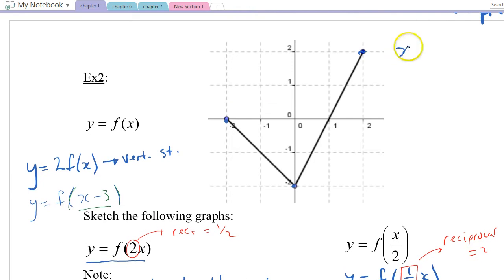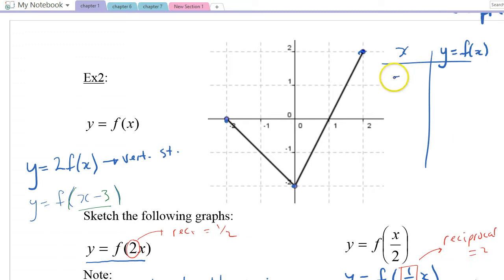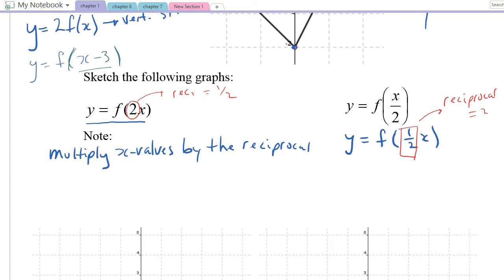So in our table of values, we're going to have our x and our y, which is just our straight ahead f of x. Looks like we have -2 and 0, then 0 and -2, and then that last one is 2, 2. So now in my y is equal to f of 2x, I'll have my x's and my y values, f of 2x.